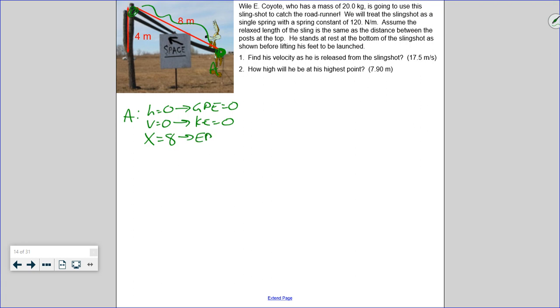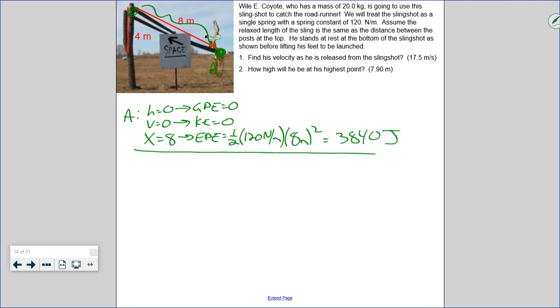So we can calculate our EPE. It's going to be 1/2 k, which is 120 newtons per meter, times x. Don't forget to square it. And that gives you 3,840 joules of energy. So at point A, there's our total energy, 3,840 joules.